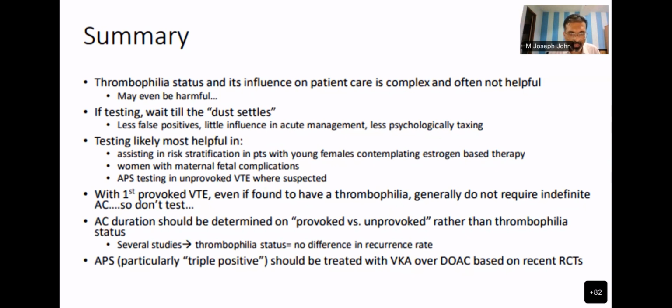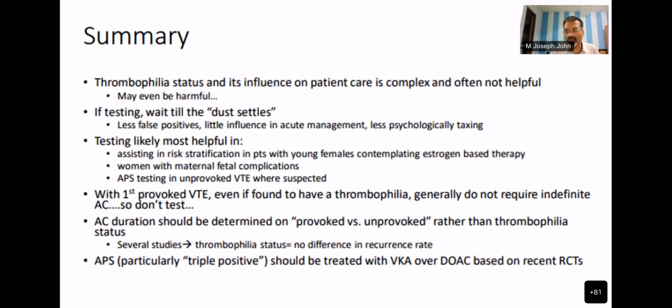If it is a first provoked VTE, it would not require long-term therapy, and therefore there is no point in doing thrombophilia testing. As I mentioned, the provoked or unprovoked status will decide the anticoagulant duration. If it is unprovoked, as long as the risk factor exists, you must continue.